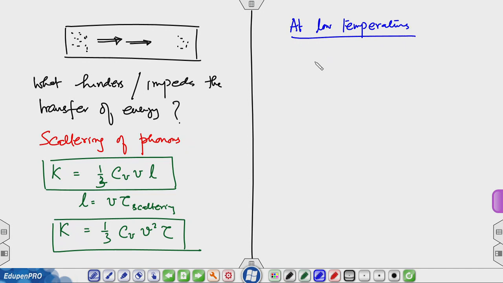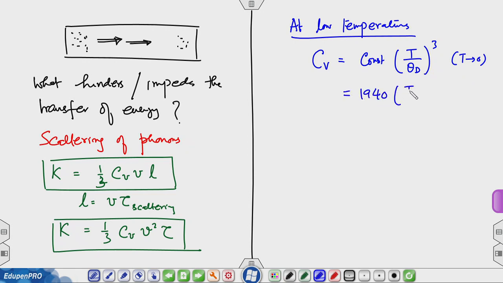This we have done last week, that C V at low temperatures is some constant times T over theta D cubed for T tending to 0. And this constant is roughly 1940 T over theta D cubed joules per mole per degree Kelvin.